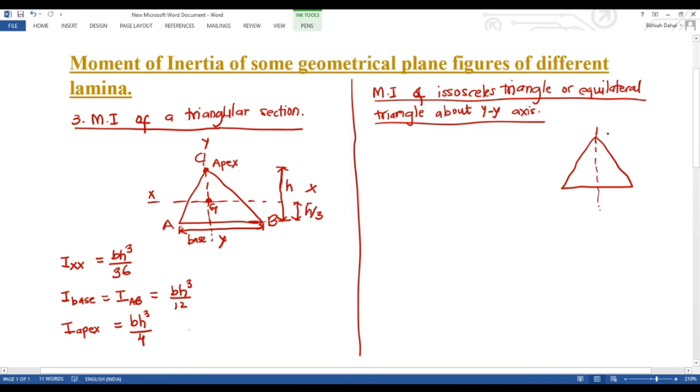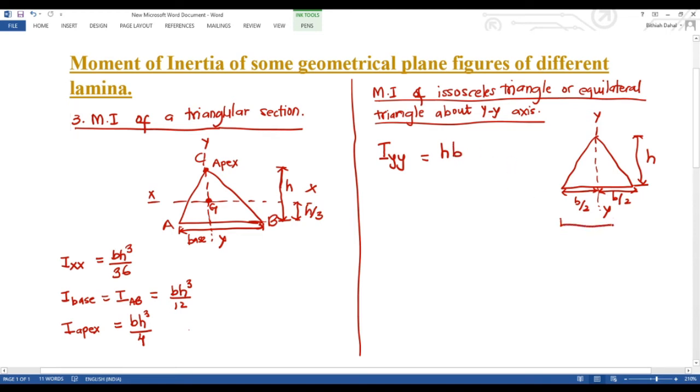And I have to find it about just the y axis, and from here to here it should be exactly b by 2, and from here to here again b by 2, and let the distance from the apex to the base be the height of the triangle H. Now for this isosceles triangle, my moment of inertia I y will be equal to H B cube by 48, where B is the base of the triangle.